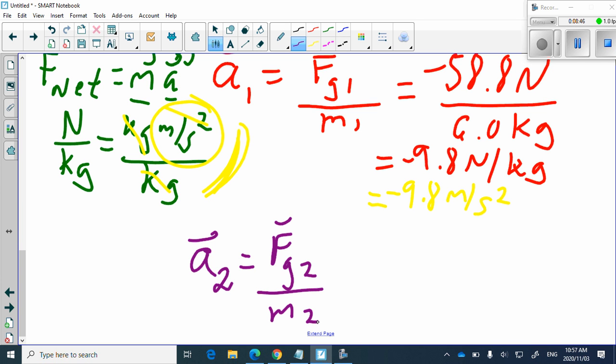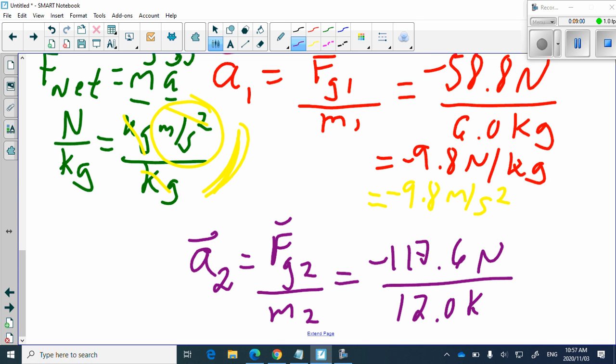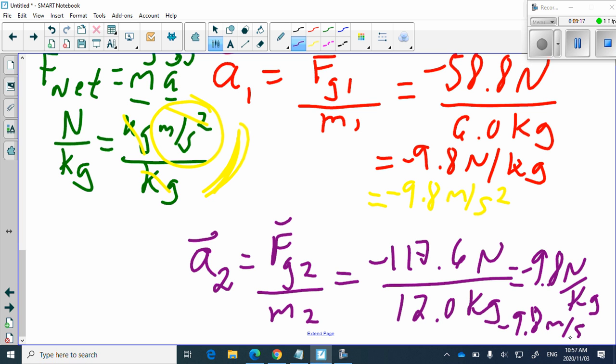We're not going to redo that work we did. We're just going to take advantage of it. So this was negative 117.6 newtons divided by 12 kilograms. Negative 9.8 newtons per kilogram, which is the same as negative 9.8 meters per second squared. So both of them have the same acceleration.